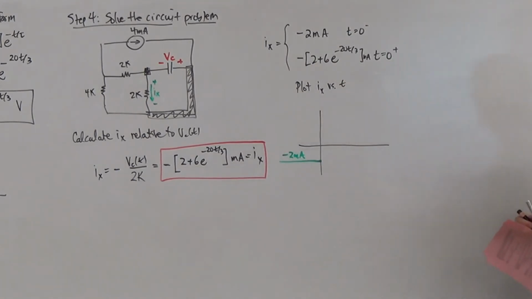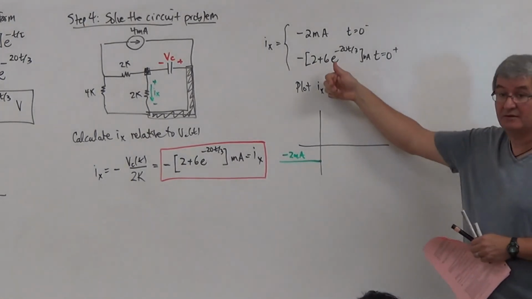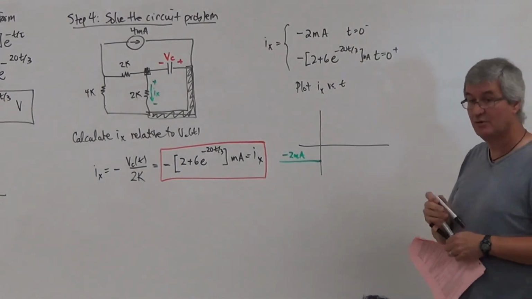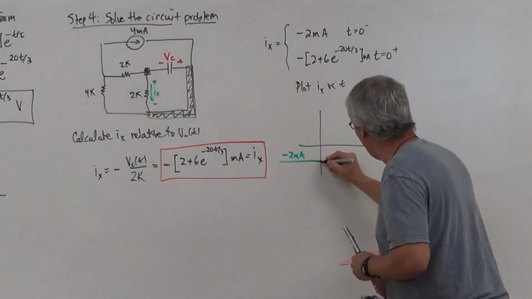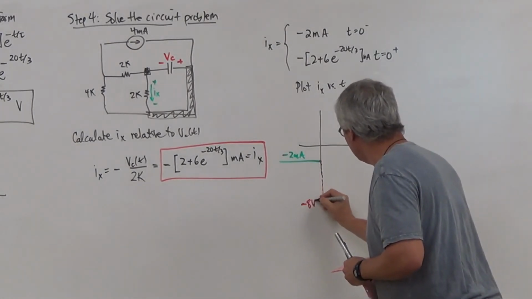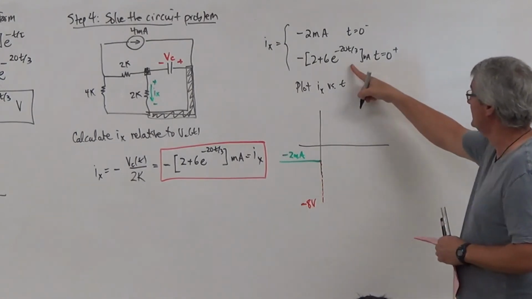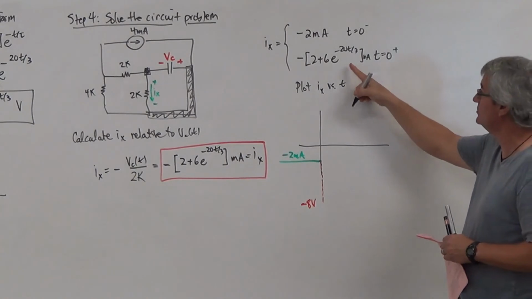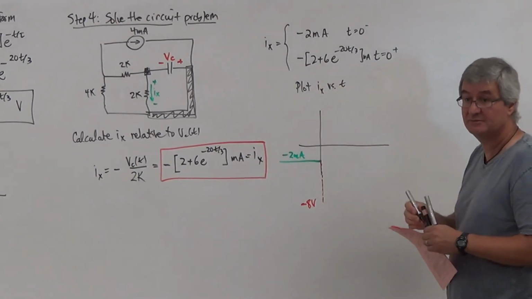So then, what happens? This circuit then tells me that there's a discontinuity jump here, right? So if I look at this guy, it's going to come all the way down here to minus 8 milliamps. And then you can see here that this guy is then going to do what? Decay back to minus 2 milliamps.